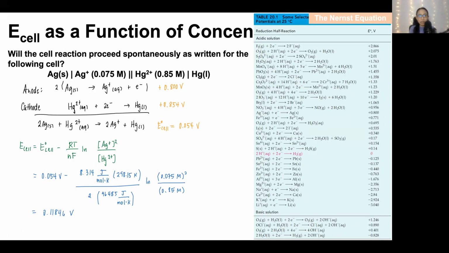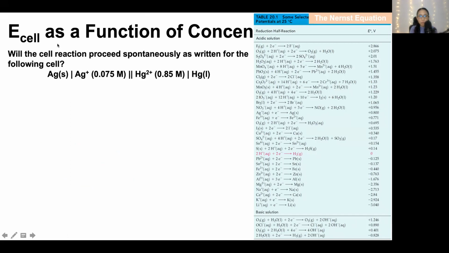You will get a negative delta G value. And that points to the fact that the reaction is spontaneous. Okay, so it will proceed as is without any external source of energy.